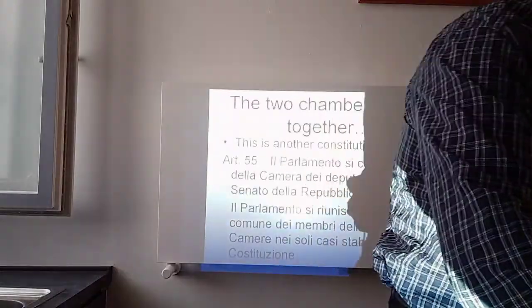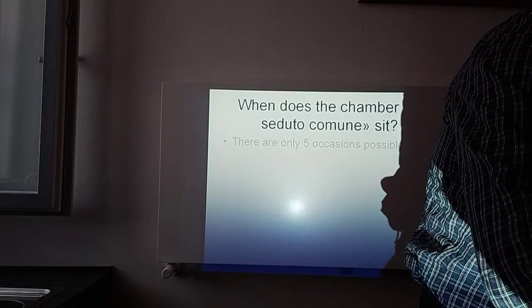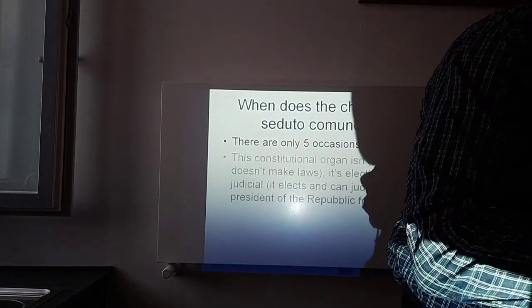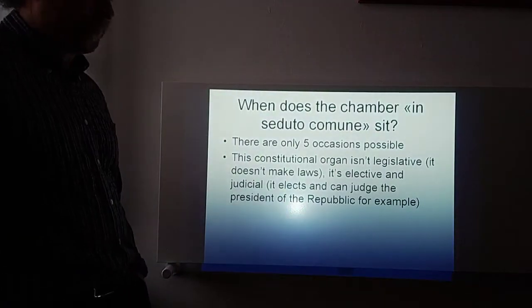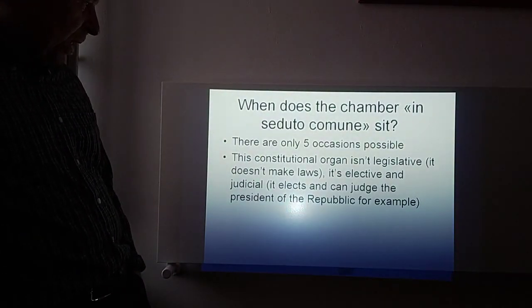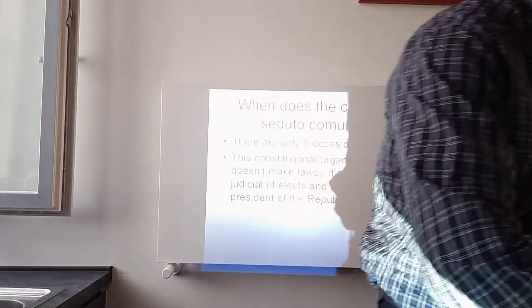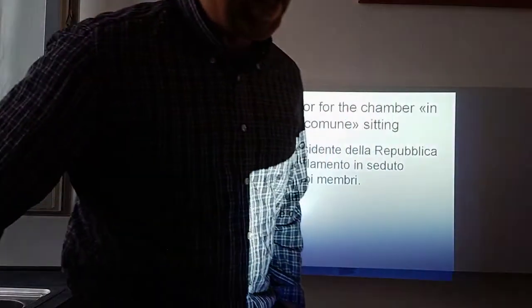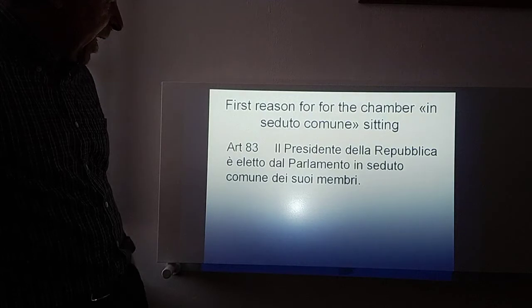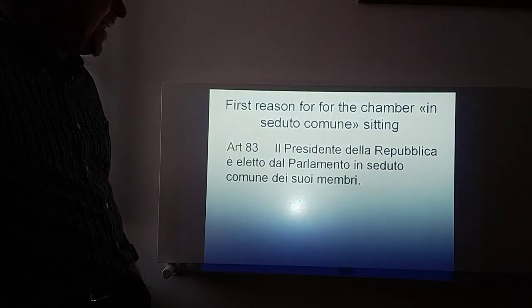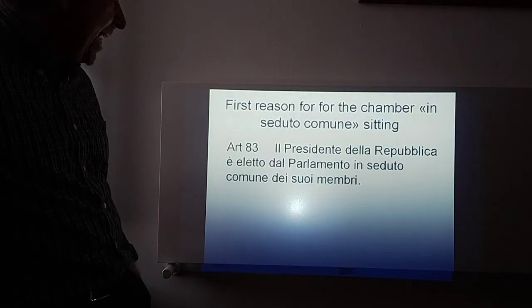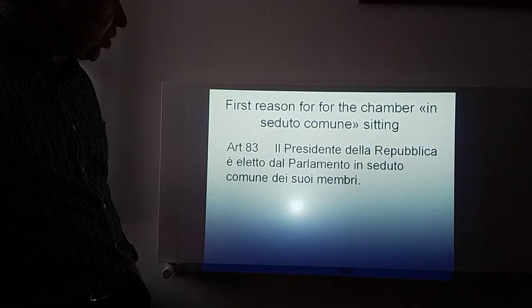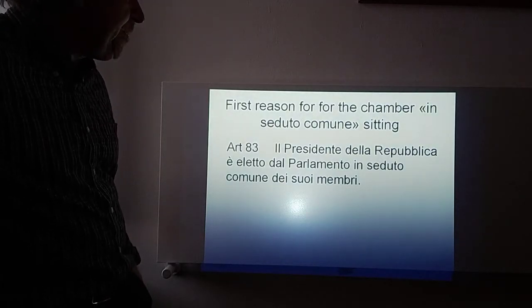We'll look at the first reason, shall we? So you've got 5 different occasions. The first is Article 83. It says: il Presidente della Repubblica è eletto dal Parlamento in seduta comune dei suoi membri.